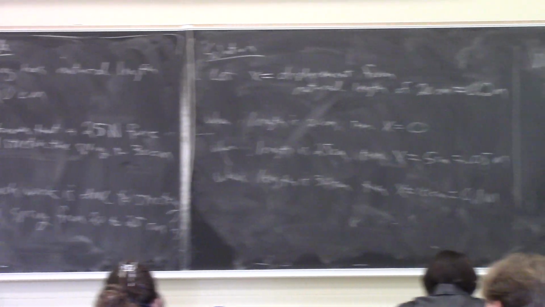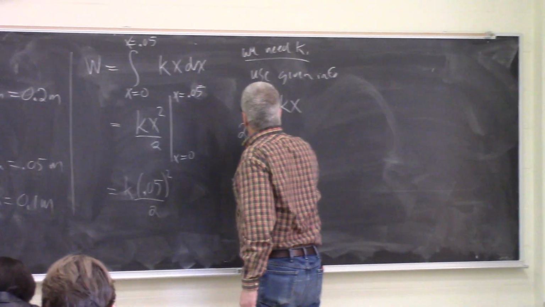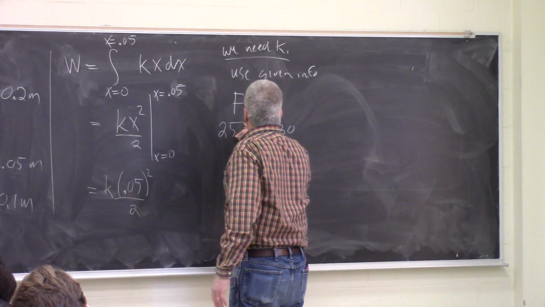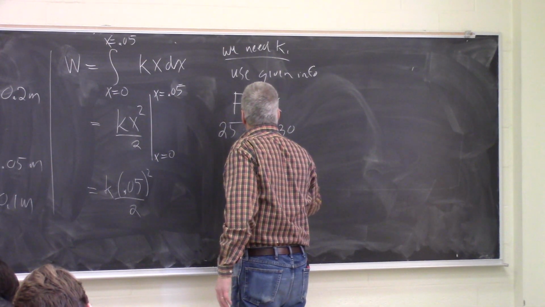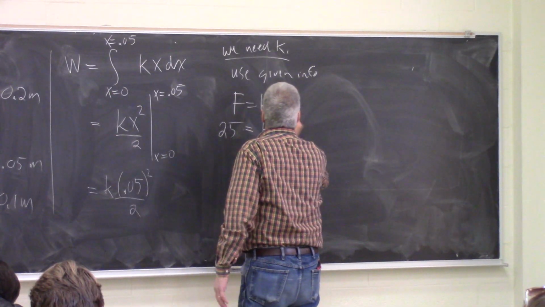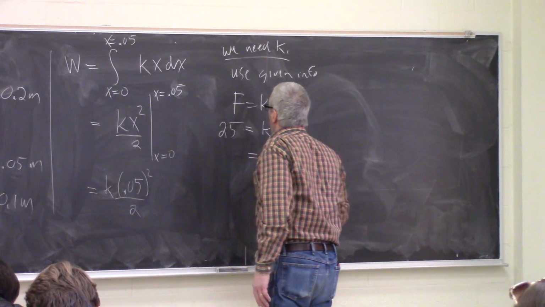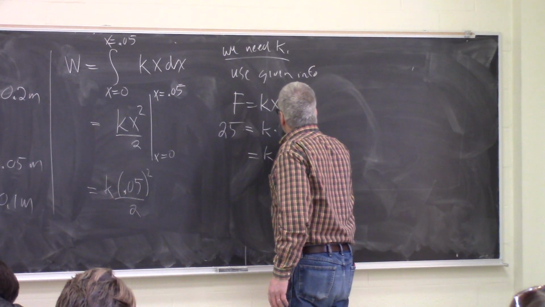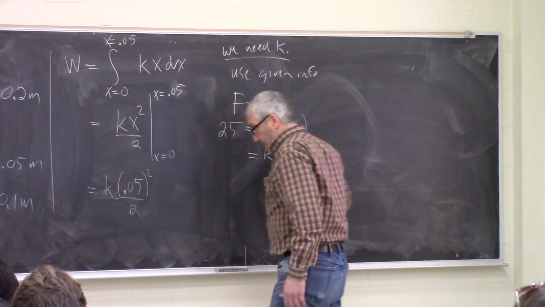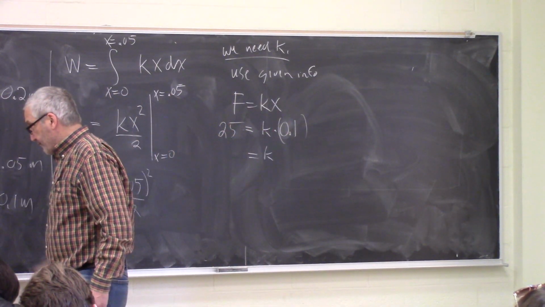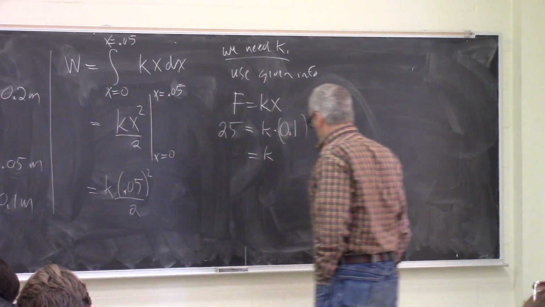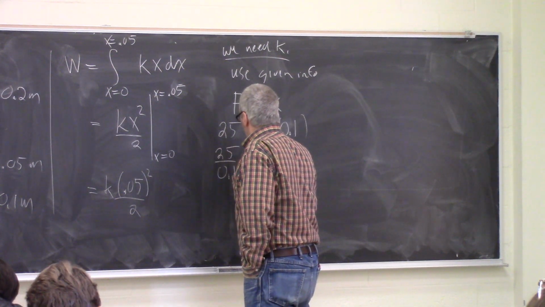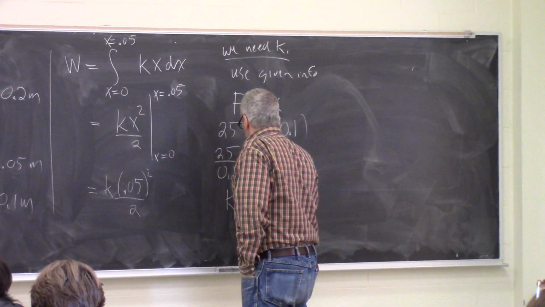So 25 equals k times 10, and that should be not 10, it should be 0.1 meters. So k is going to be 25 over 0.1. In other words, k is 250.